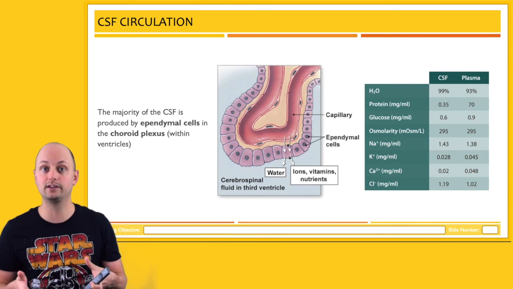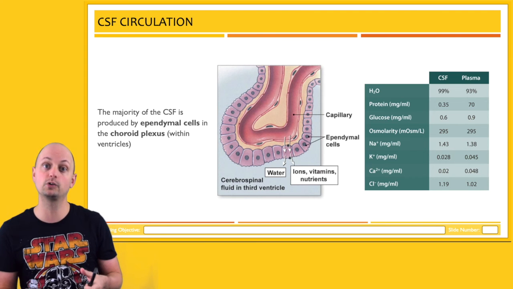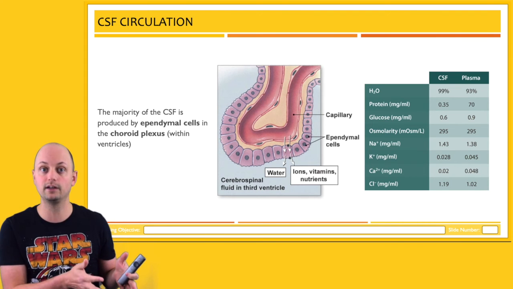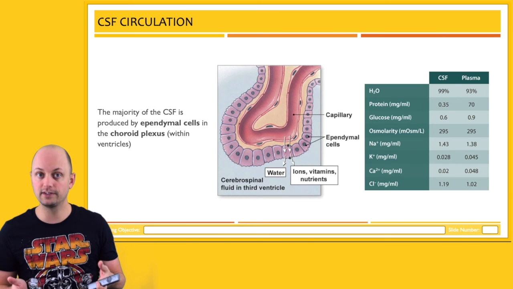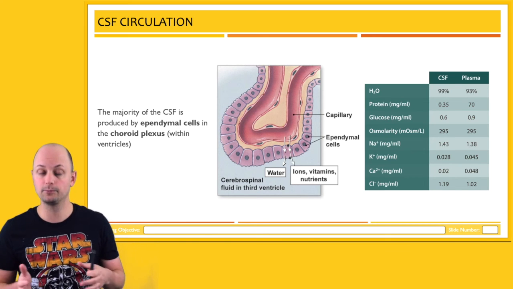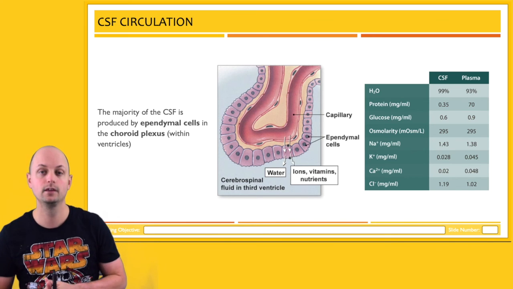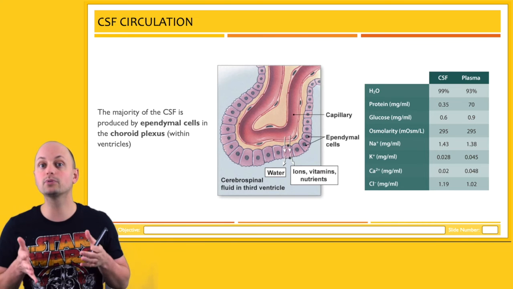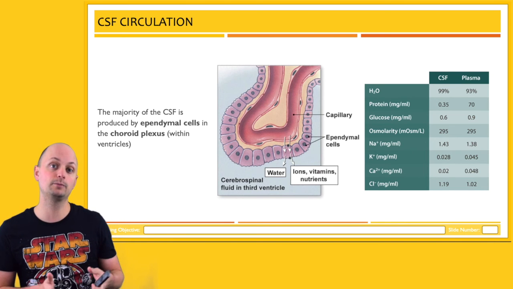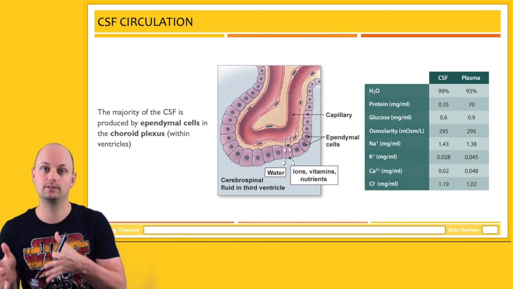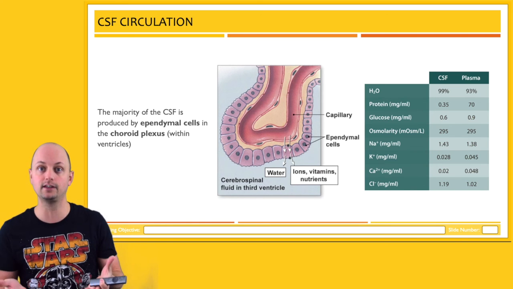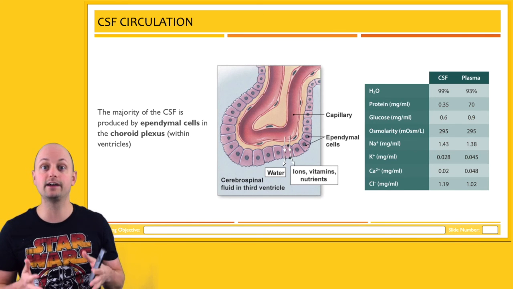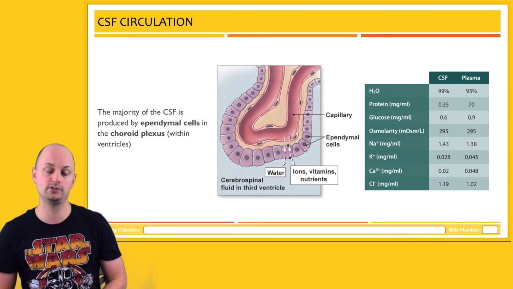The ependymal cells create a physical barrier between the blood vessels that supply the brain and the CSF. And again, ependymal cells are a type of epithelium. They're actually transporting epithelium. So as you might expect, they're pretty selective about what they allow to pass from the blood into the CSF. Because of this compartmentalization and selectivity, the CSF and the blood have different solute compositions.